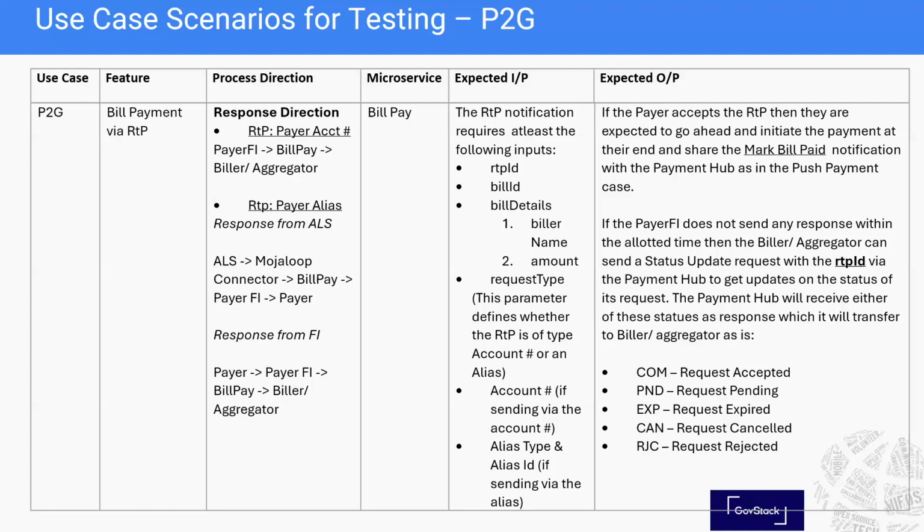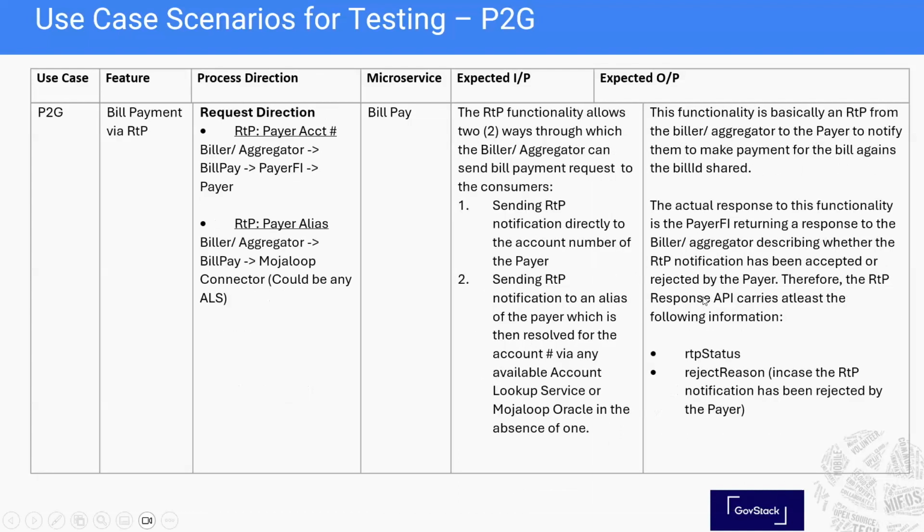If the end customer accepts or rejects the RTP request, that is communicated back to the biller aggregator through the same channel. The FSP returns the response back to the payment hub, and payment hub gives the response back to the biller or the aggregator, and this is the information that has to be there.